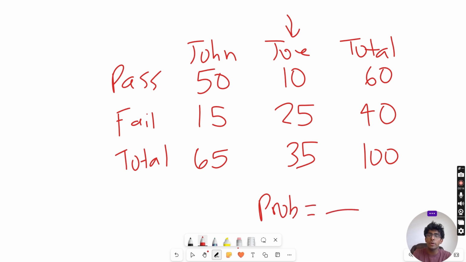Our denominator would be 100. And we're looking for the probability that it's a John pass, so one of John's students who passes. That would be 50, this cell right here. So 50 over 100 gives us 1 over 2 as the probability that we're getting a John student who passes from the entire body of students.